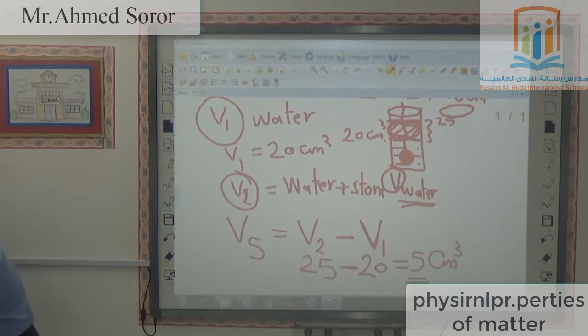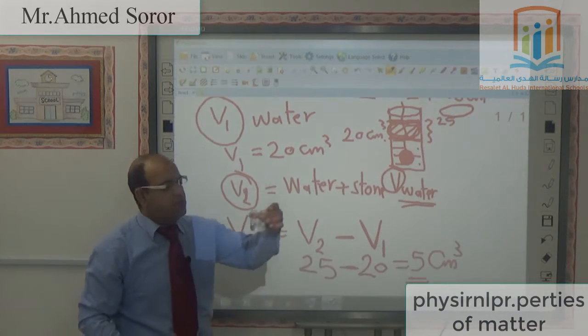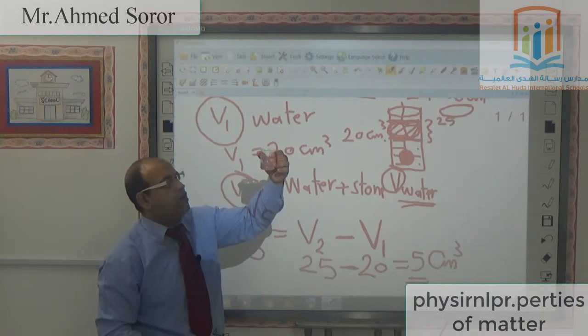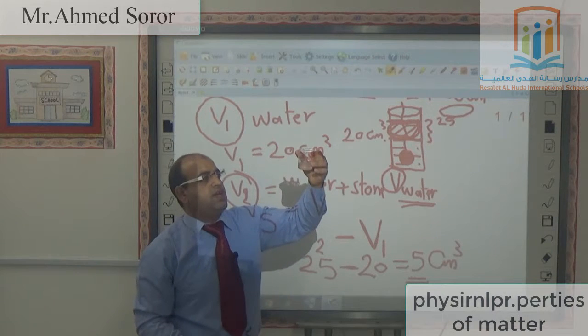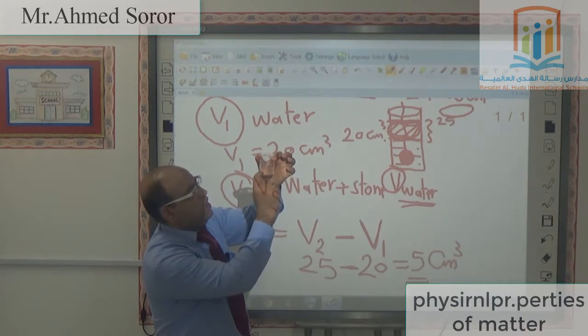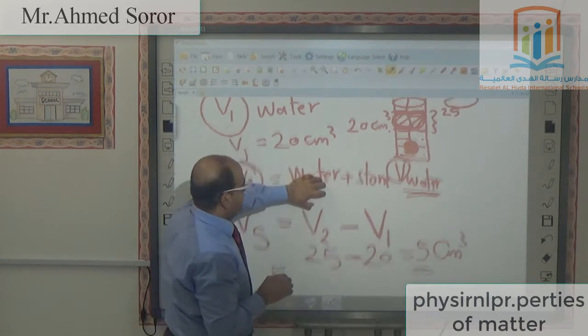We can measure the volume of the stone now by using the graduated cylinder or beaker that contains an amount of water. The volume of water V1 equals 25 cubic centimeters.